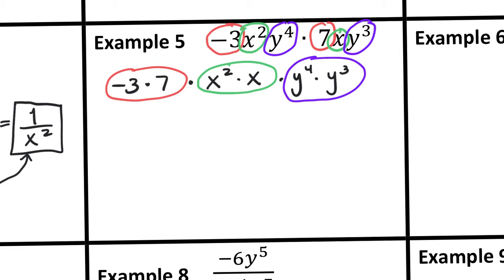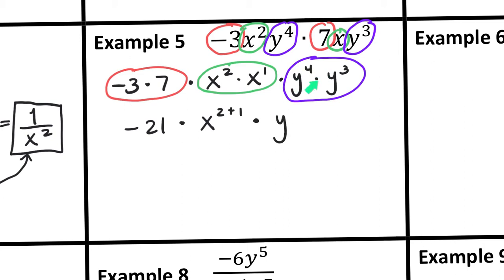So what's negative 3 times 7? It's negative 21. What's x squared times x? Well, it's the same thing as writing x to the power of 2 plus 1 because there's a 1 right here. So 2 plus 1. And then times the y's.